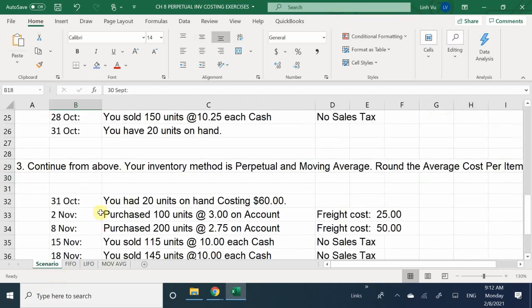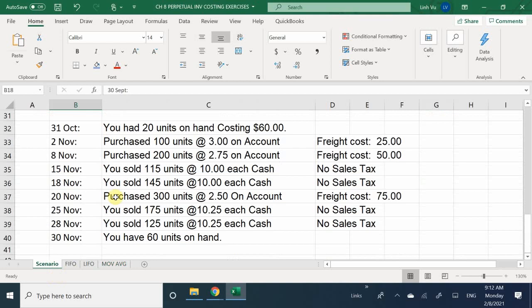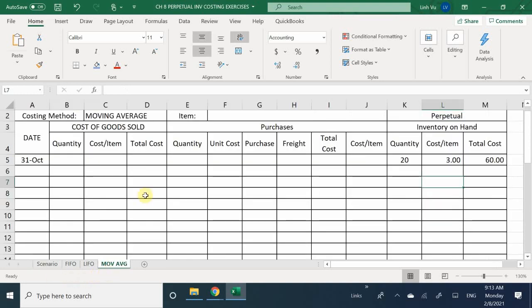Okay. So what happened on November 2nd? Purchase 100 units at $3 on account. Perfect. So $3 on account and the freight is $25. So again, I'm going to come here, 11.2.